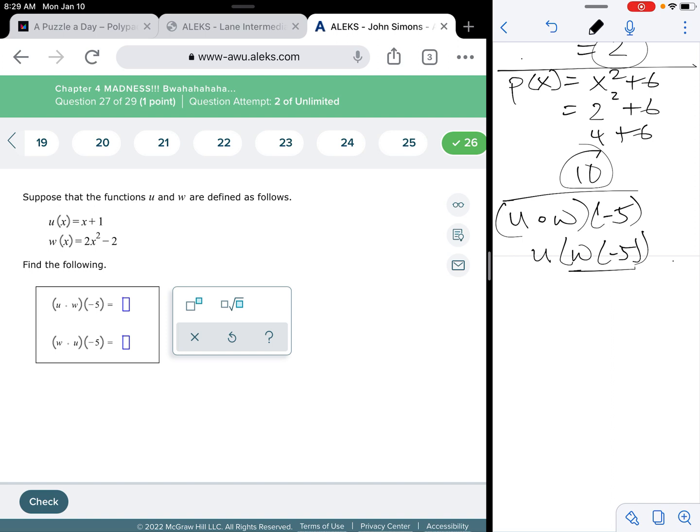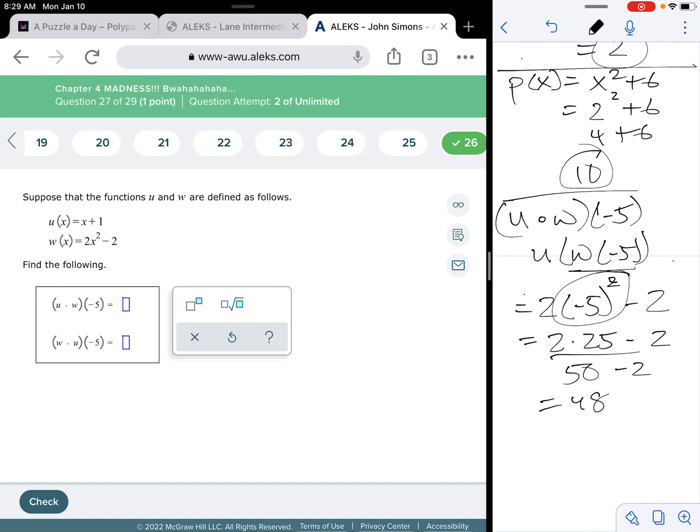So w of negative 5 is the same as 2 times negative 5 squared minus 2. I'm not going to write the function down in the interest of time. You can see it over here on the left. So I'm going to simplify this first. So this becomes 2 times 25 minus 2. PEMDAS tells me I have to do this first. So I have 50 minus 2, which is 48.